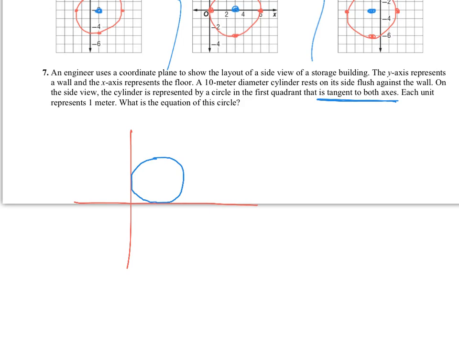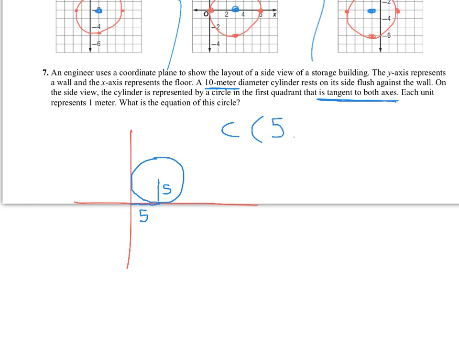Alright, we also know that this cylinder has a diameter of 10 meters. So if the diameter is 10, that means the radius is 5. So that gives us the center. The center, we know, has to be 5 units this way and 5 units up.